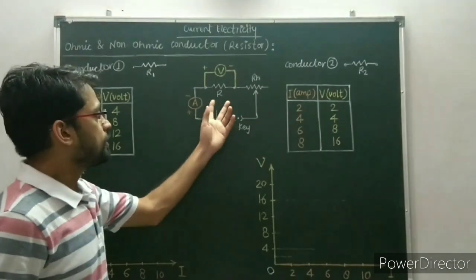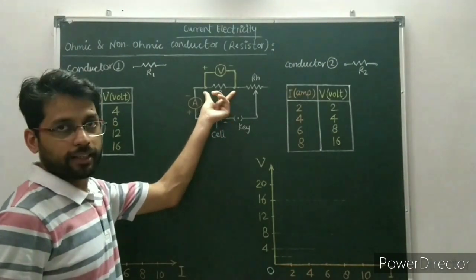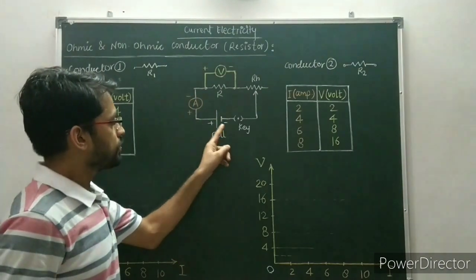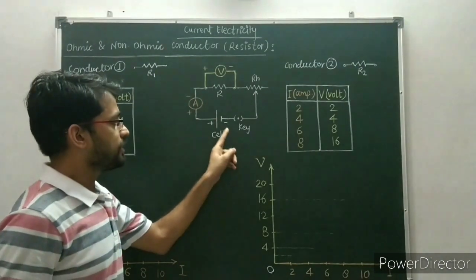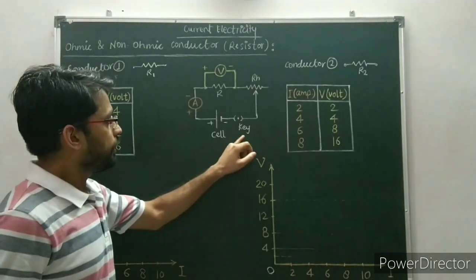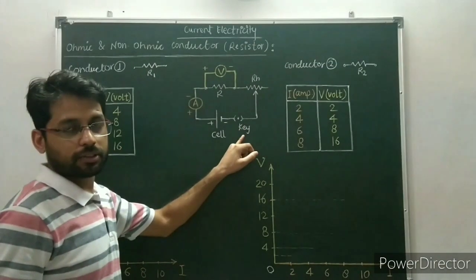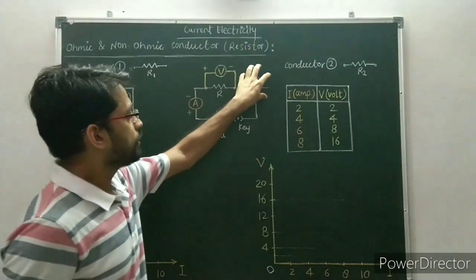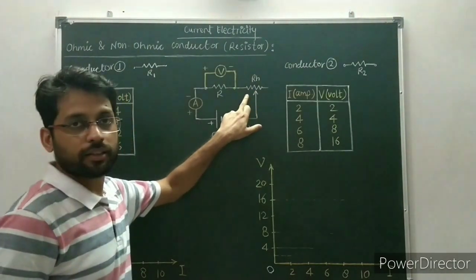In the circuit, we have a conductor of resistance R, which is connected across a source of potential difference, that is a cell. Here is a key which is used to switch the circuit on and off, and this is the rheostat.